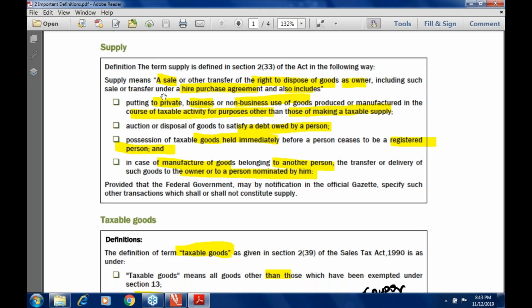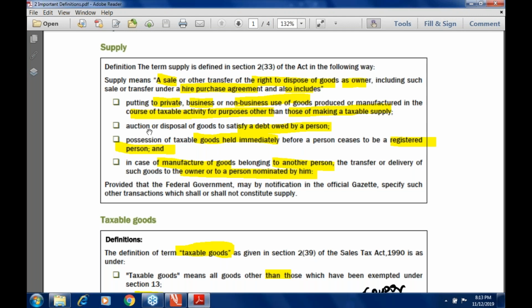We did talk about it that when we talk about the concept of supply, it's actually like putting to private or the business use. So we did discuss that putting to private business use or basically auction by somebody who is actually satisfying the debt owed by a person.